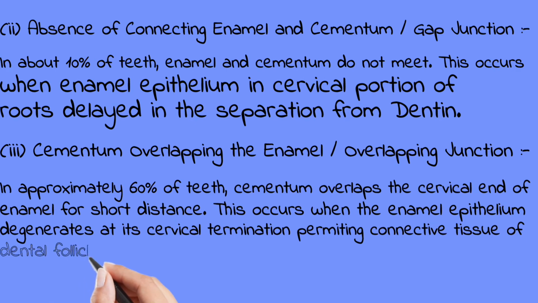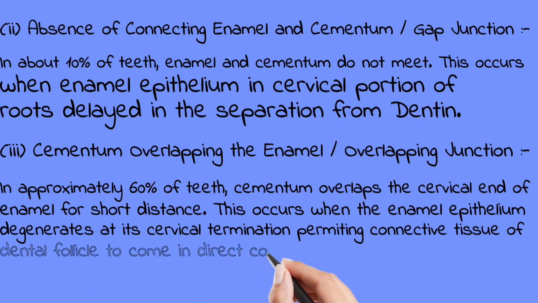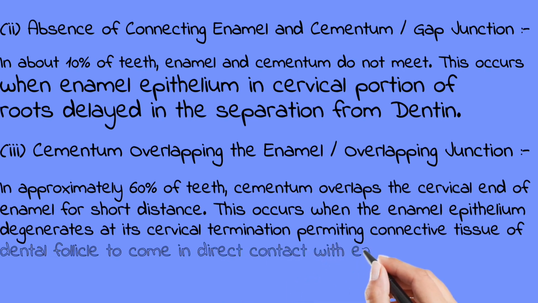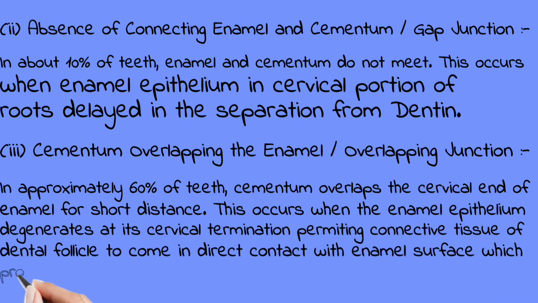Next, we'll move on to the next junction of the cementum, that is the cemento-dentinal junction. As the name suggests, the cemento-dentinal junction is the apical area of the cementum, where it joins the internal root dentine. So let us study this junction further.